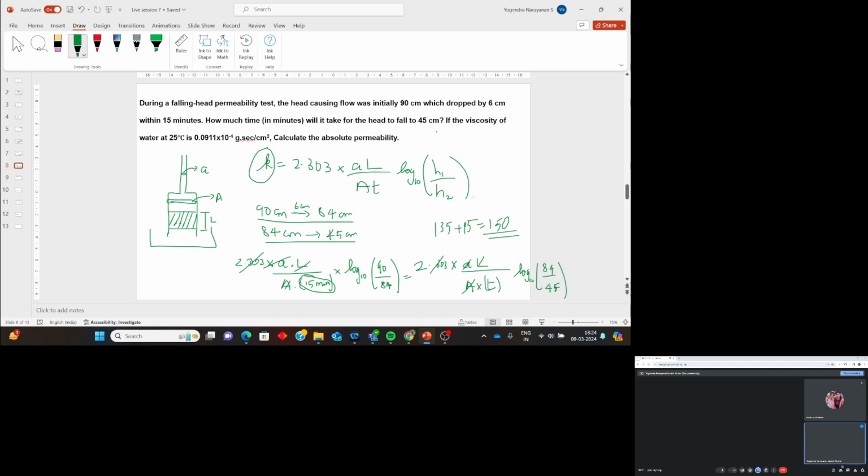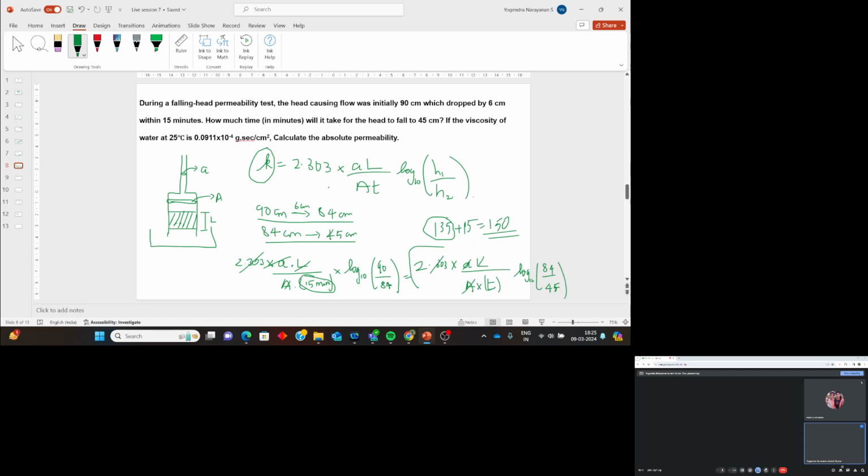If it is like that, you have to calculate that part only, 135. Here they have mentioned how much time it will take for the head to fall to 45, which means obviously from 90 to 45. If you are not clear, you can just write in the sentence, it will take 135 minutes to fall from 84 to 45 and it will take 150 minutes to fall from 90 to 45. You can write that clearly.